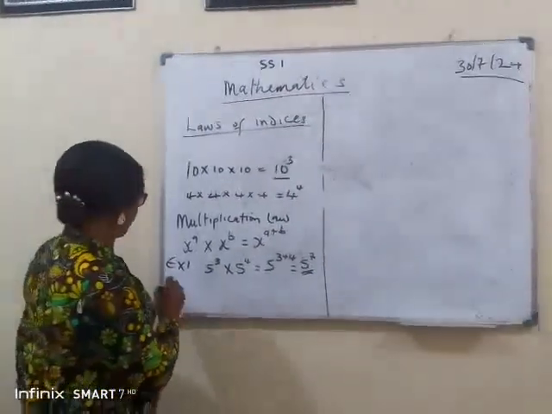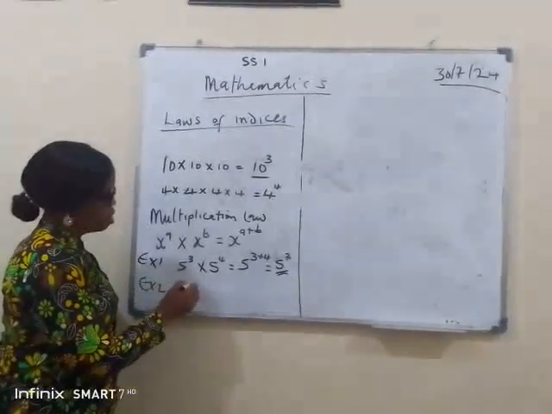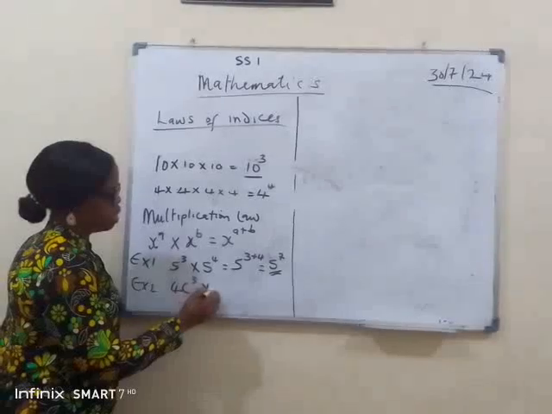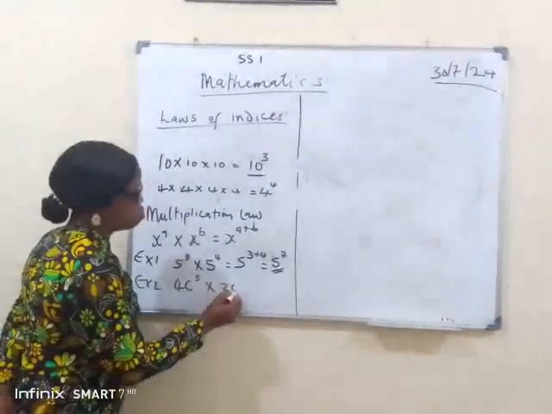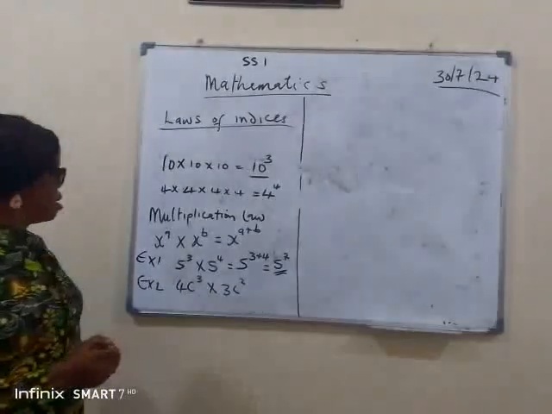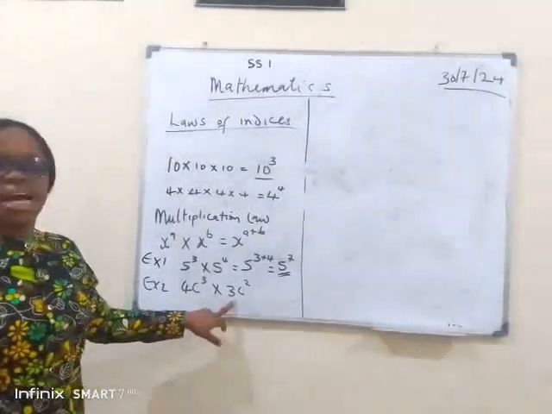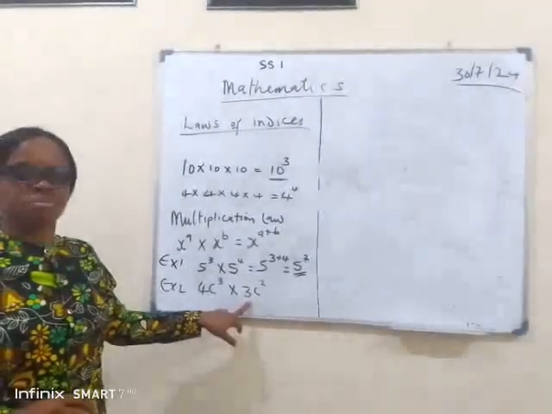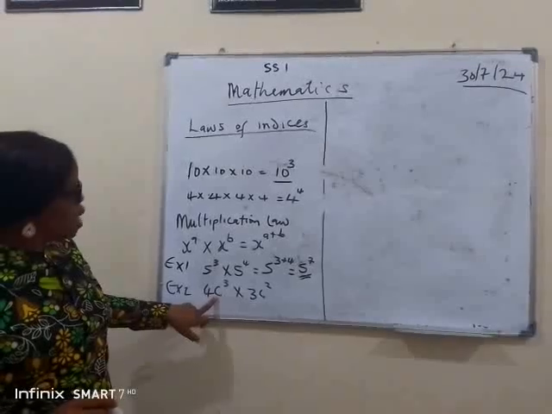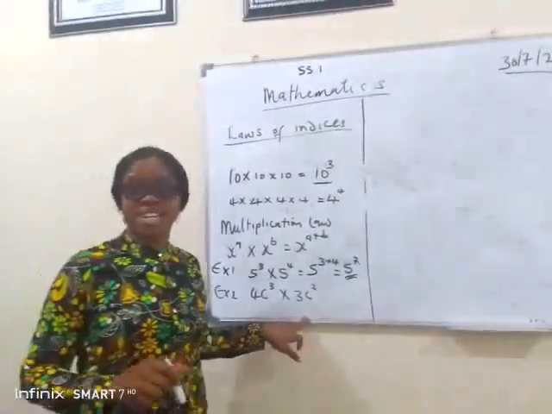Now, let me give another example, example 2. I have 4c to power 3 multiplied by 3c to power 2. You can see that 4 and 3 are not in index form. The law can only be applied to the letters or numbers that are in index form.